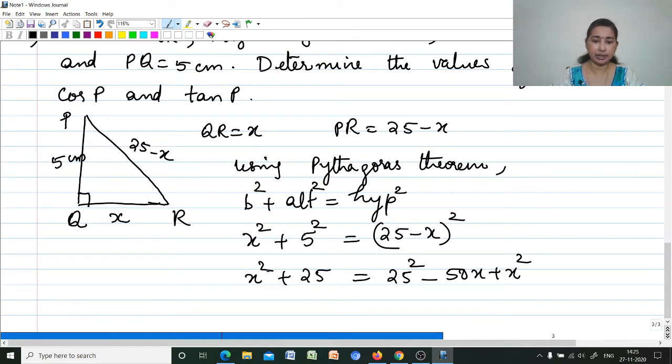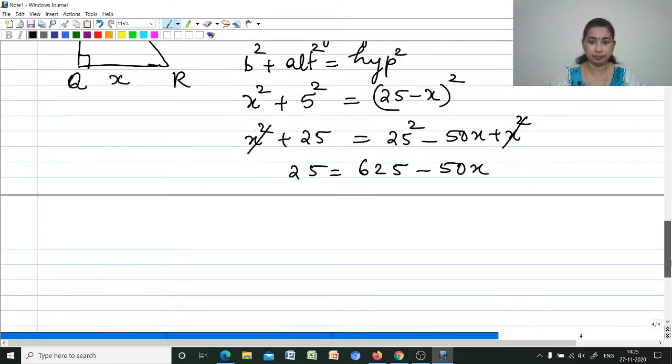On both sides x square is common, we can cancel that x square.